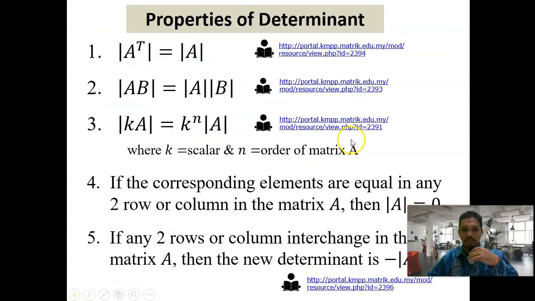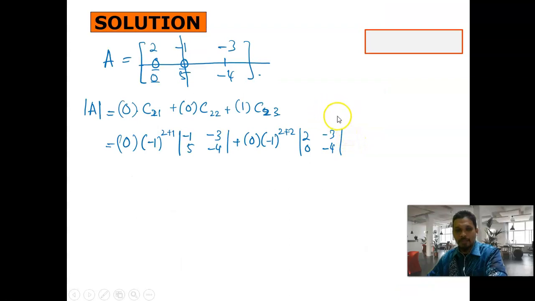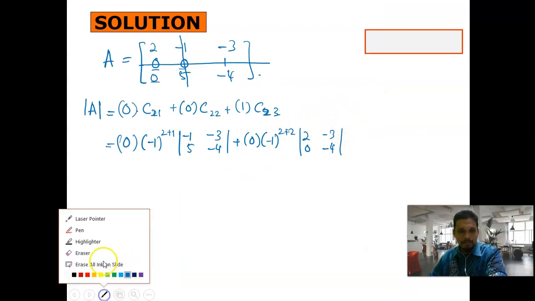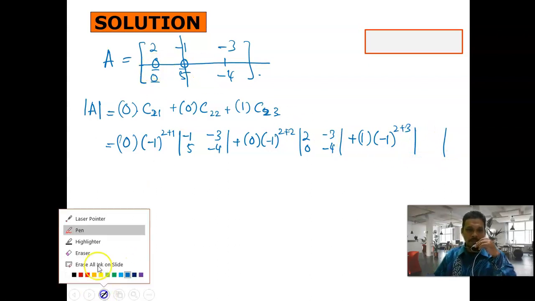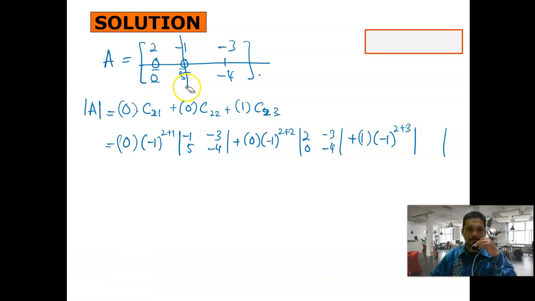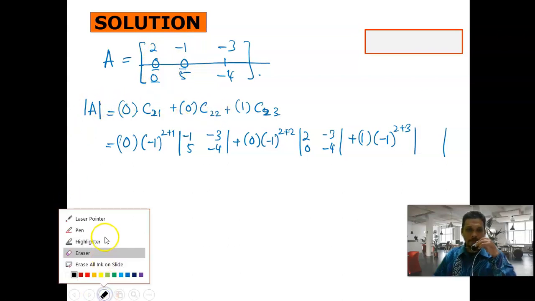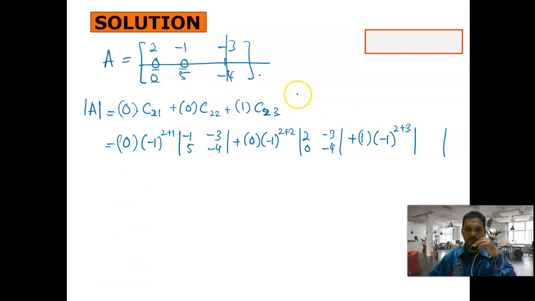And then plus with 1 and cofactor of 2, 3, -1 power of 2 plus 3, and we delete row 2 and column 3 here. So we get now 2, -1, 0, 5.